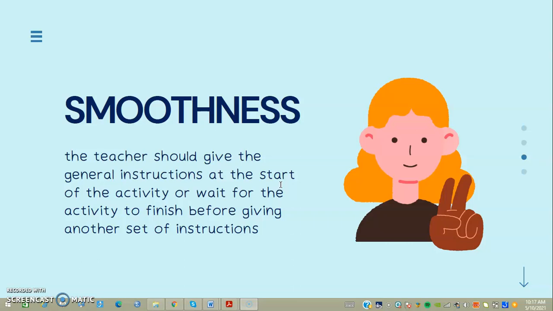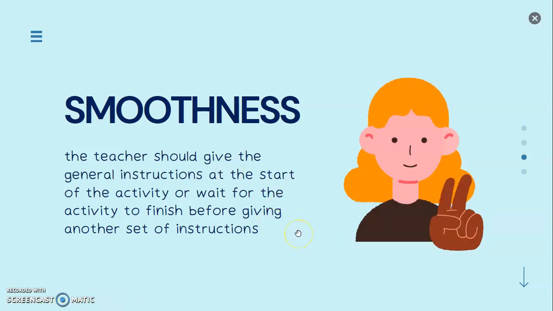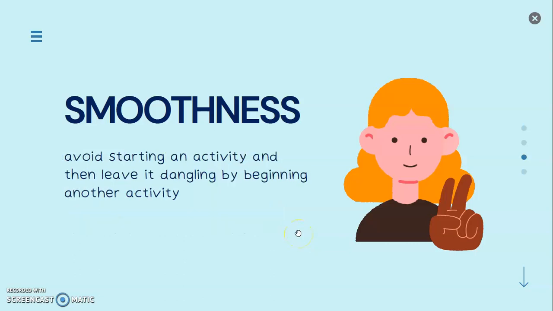Okay, so another way to ensure that there is smoothness in the transition of our lessons during our science class, as teachers we should avoid starting an activity and then leaving it dangling by beginning another activity. So one example for that is, say you gave an assignment the previous day, and on this day you ask your learners to answer the assignment and write their answers on the chalkboard.